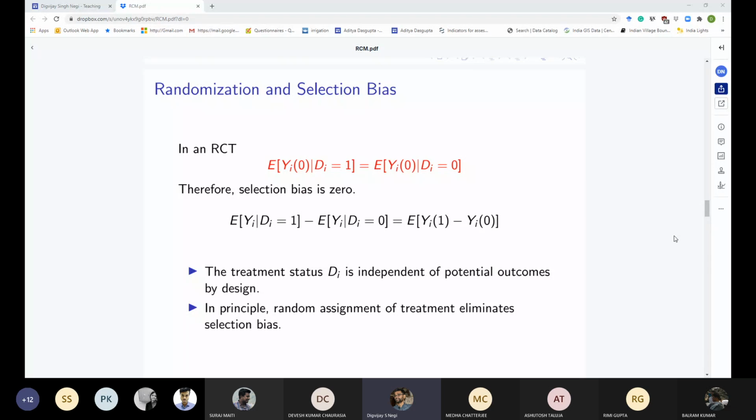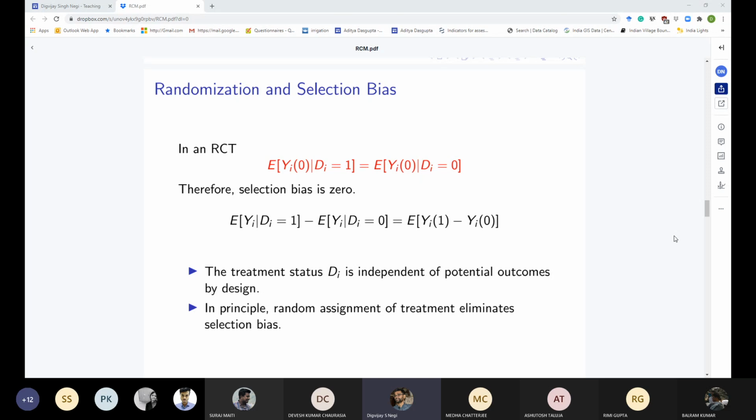Whether you get a job, 1, otherwise 0. Similarly, for students who didn't attend IGIDR, who didn't go for a master's degree, we collect their data also, whether they have a job or not. Now we want to see whether a master's degree from IGIDR helps you in getting a job or not.